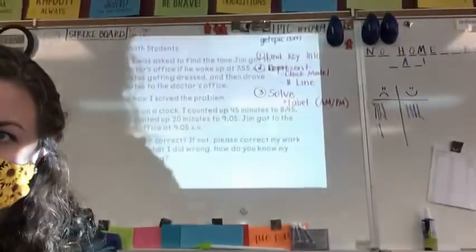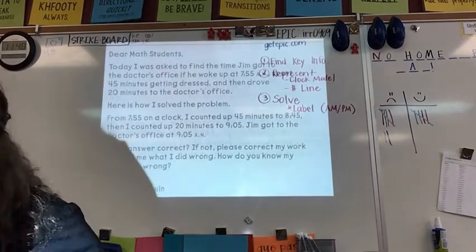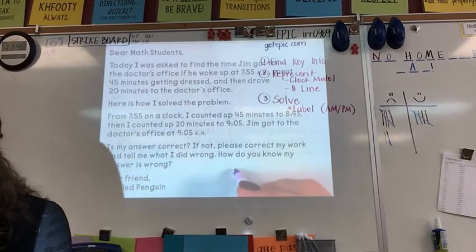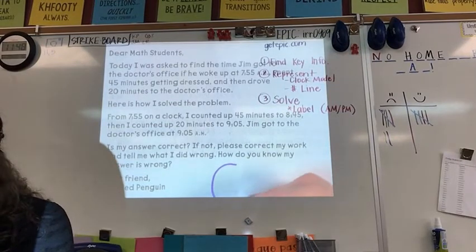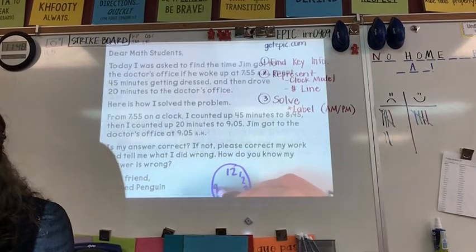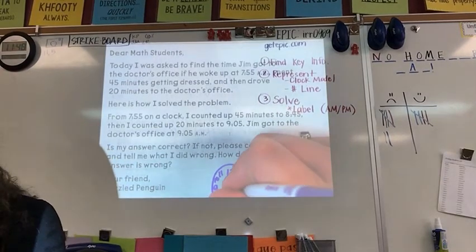Check it out. Riley said 9:15. We're going to use that clock again. If he started at 7:55 a.m., we would start our clock with that, 7:55.